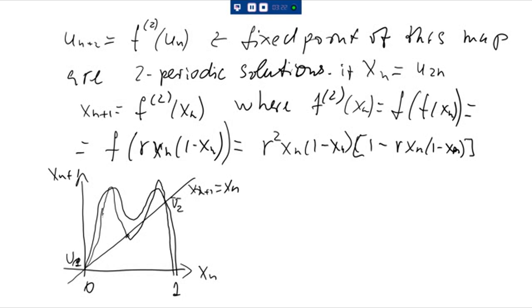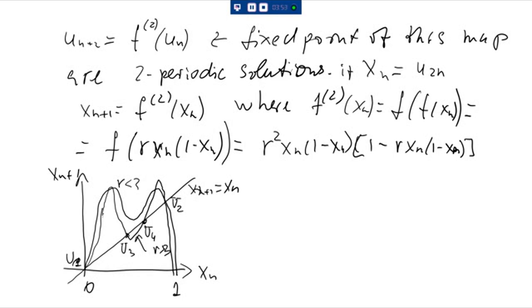So these will be extra two solutions, which we called u3, u4 before. So here r is less than 3, and here r is more than 3.